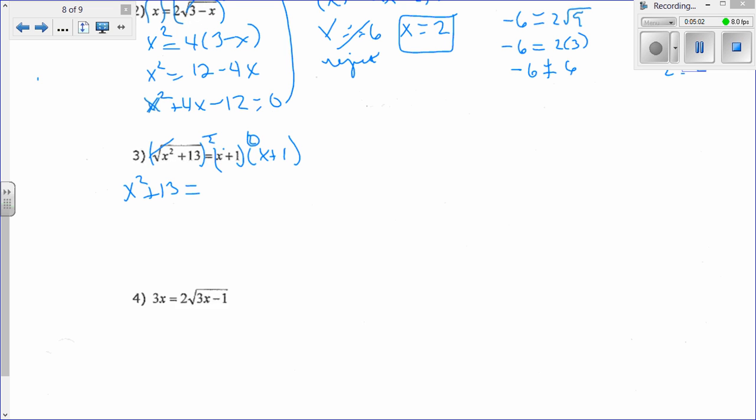And I need to do double distribution or FOIL, so I get x squared plus x plus x plus 1. So x squared plus 13 on the left equals x squared plus 2x plus 1. Get it equal to 0. What's going to happen there is my x squareds end up canceling each other out.